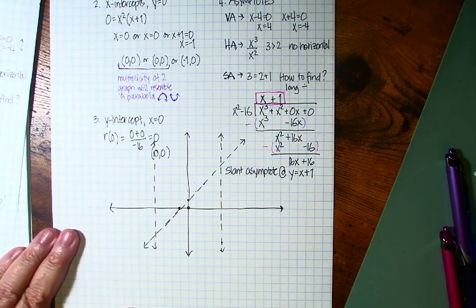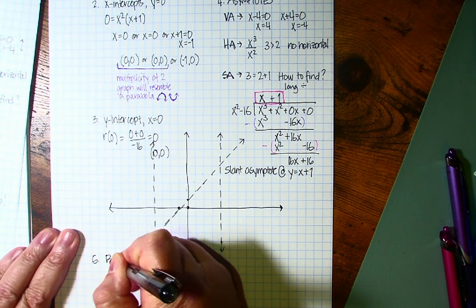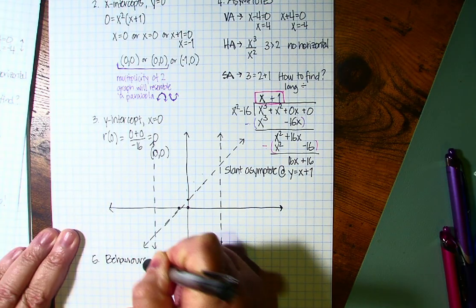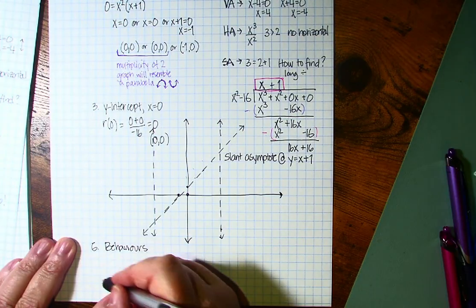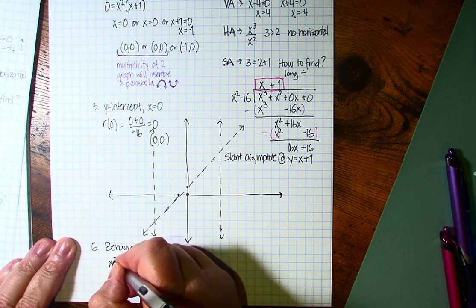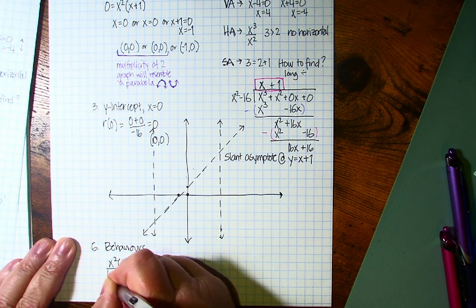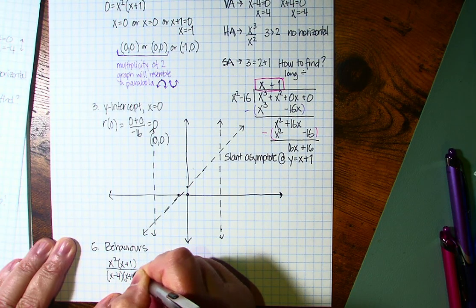In order to know what goes where, we need behaviors. All right, so here are my behaviors. My factored form is x squared, x plus 1, over x minus 4, x plus 4.